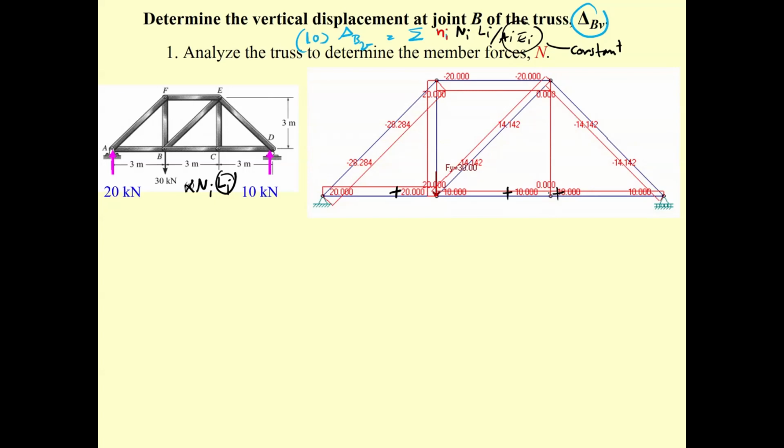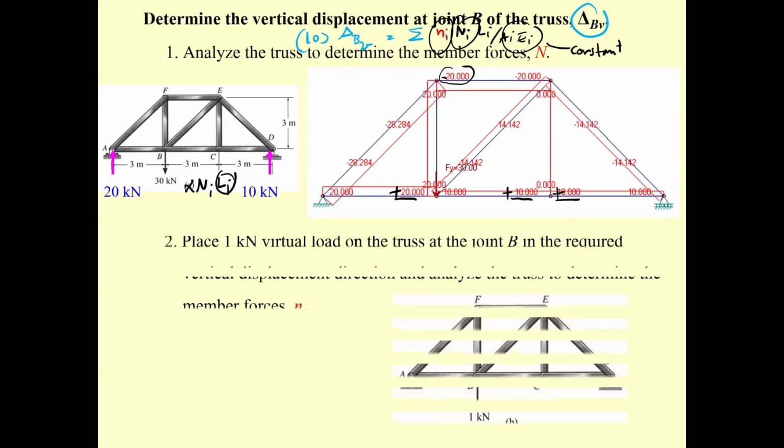Don't worry, only capital N sub i or small n sub i, only one of them, not both. And then you have to put it: if tension, put it as positive. If it's in compression, put it as negative. Beware of that because the signs are important in the table.